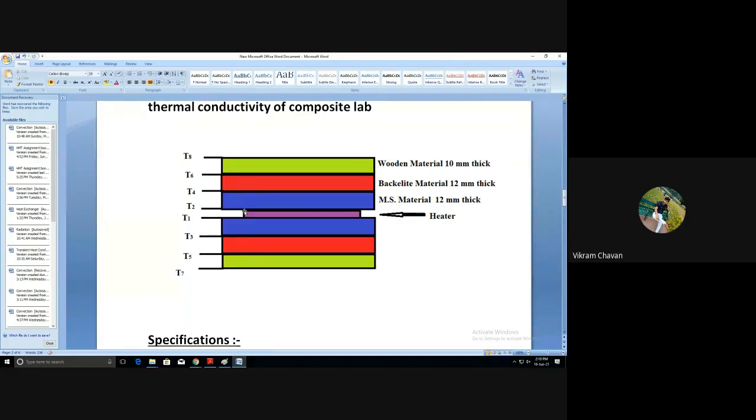Because aluminum has a great thermal diffusivity. Whatever heat is received from the heater will get diffused easily in the aluminum and be uniformly distributed over the entire surface area, and then it will be provided to our composite wall.